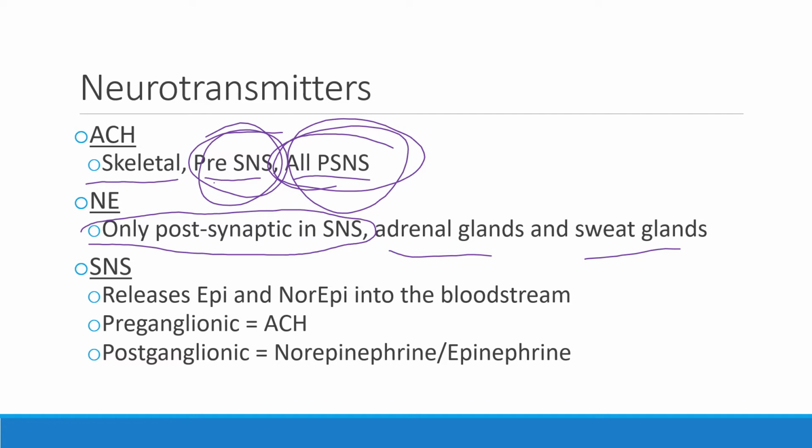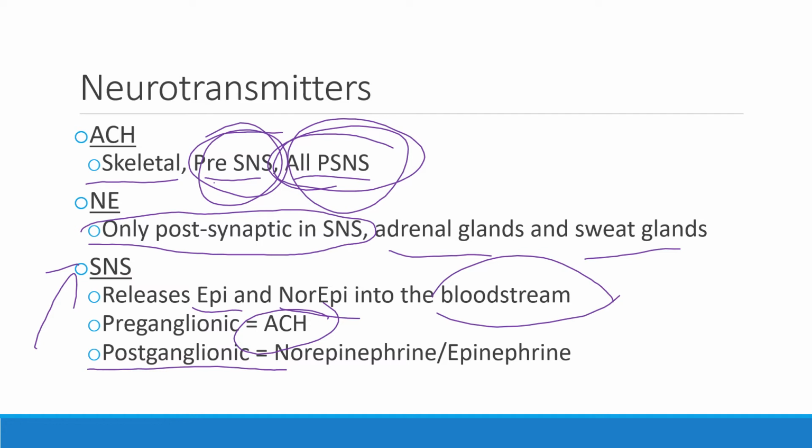So when we're in our sympathetic nervous system, on this final dot here, this is what releases epinephrine and norepinephrine into the bloodstream to send it throughout the whole body to have that reaction. Of course, preganglionic will still have acetylcholine, but postganglionic, this is where things change.